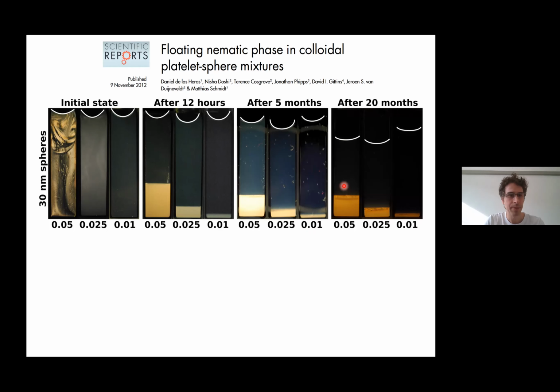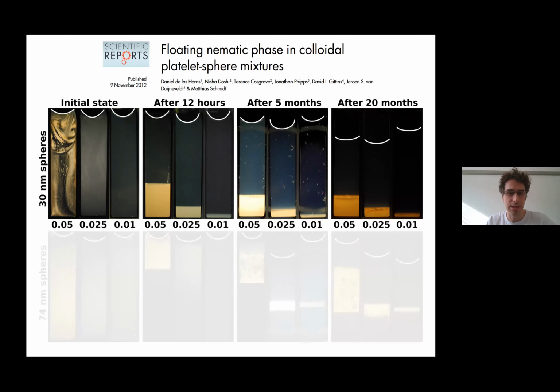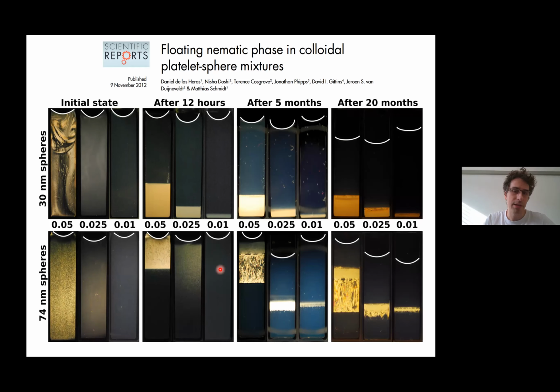Yeah? And gravity can have a very strong effect. And to give you a first example of this, let me show you now the same results, but with the difference that the spheres are bigger. In the first case, the spheres are 30 nanometers in diameter, and in the second case, the diameter of the spheres is 74 nanometers. That's the only difference between these two systems.